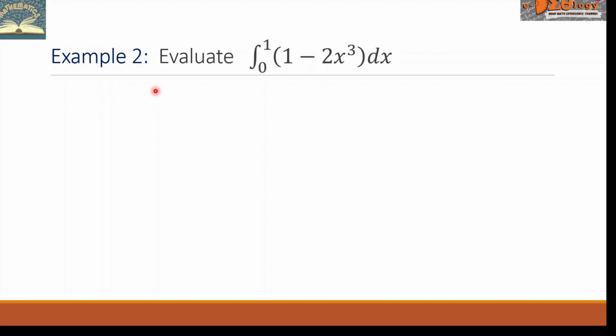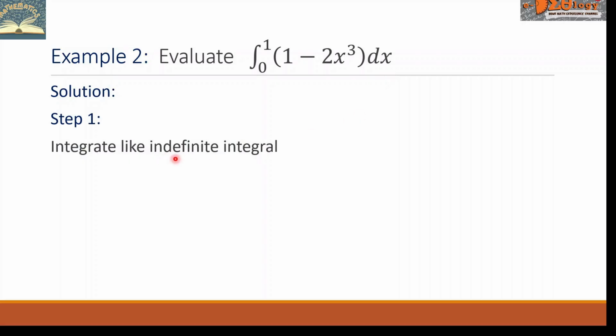Example 2. Evaluate the integral from 0 to 1 of the function 1 minus 2x cubed dx. Let's evaluate like indefinite integral. Integral of 1 is x minus, we copy this constant 2, times integral of x cubed.